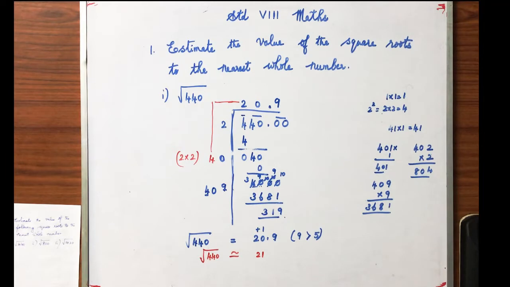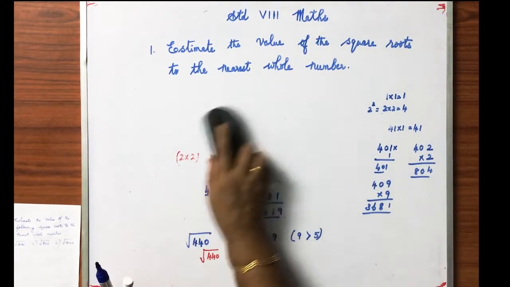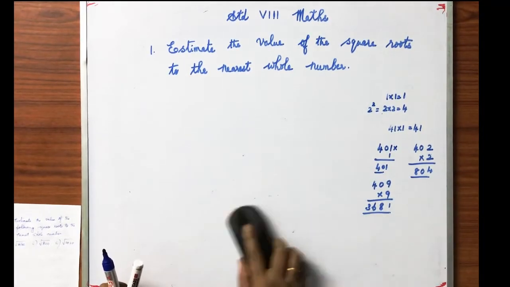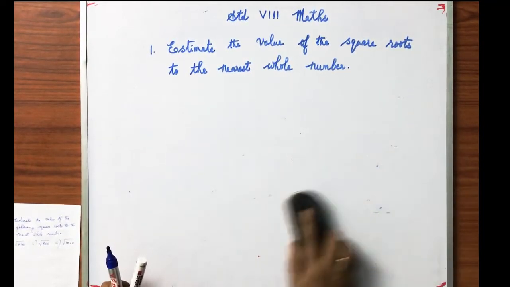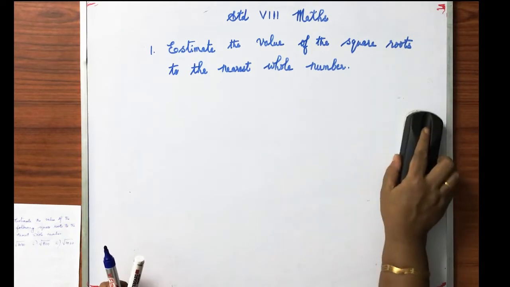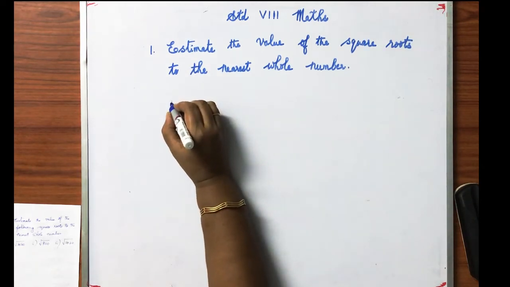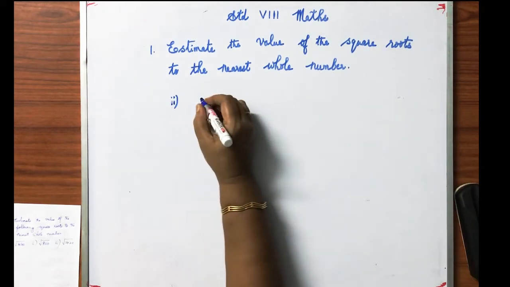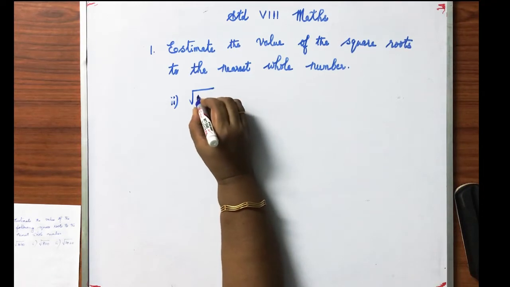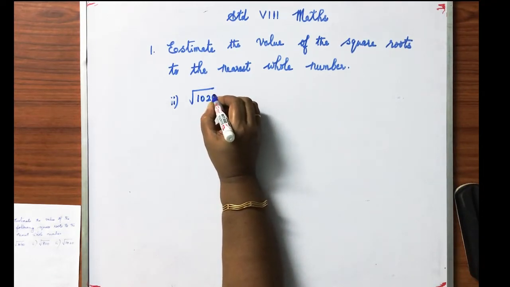Now we shall do the next sum. Second sum, square root of 1020.